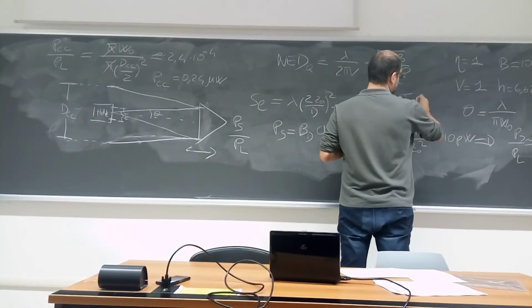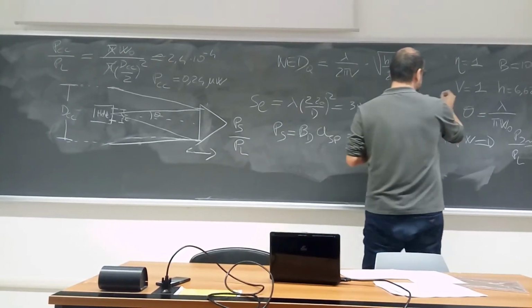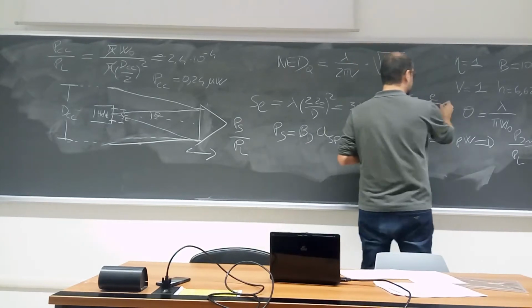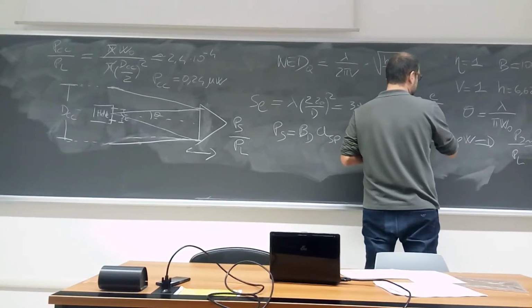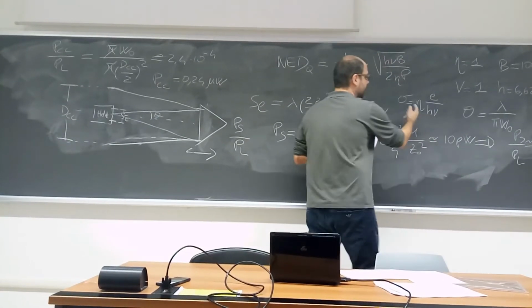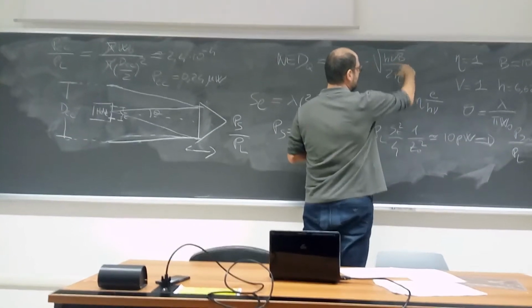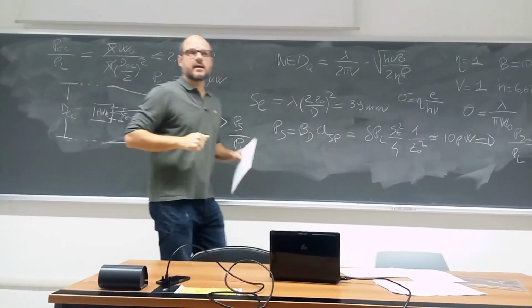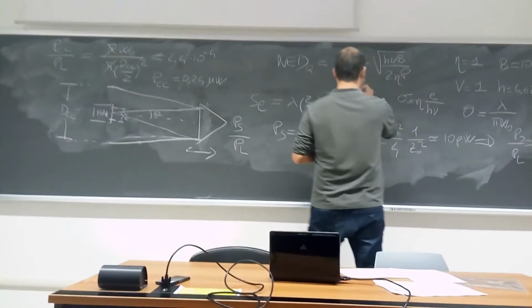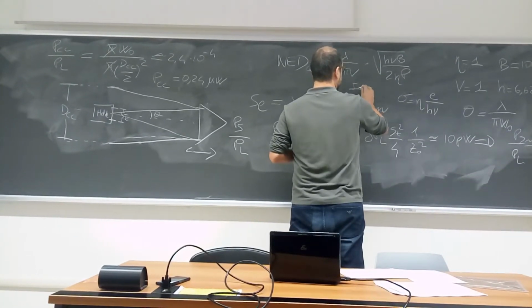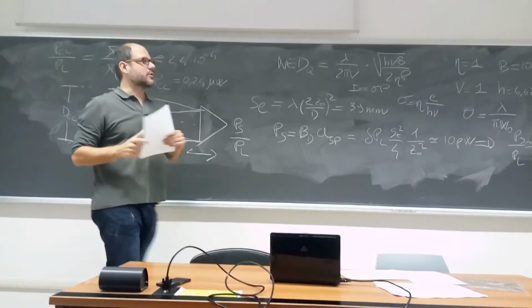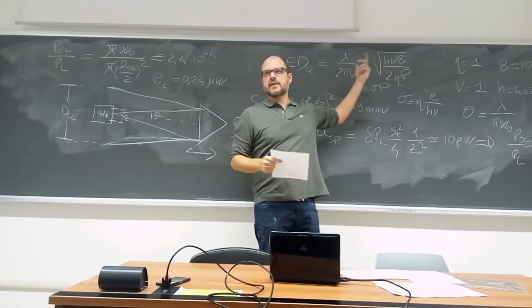So this is the quantum efficiency times e, where e is the electron charge, divided by the photon energy, so again the Planck constant and the frequency. If you insert this here, you find the other relation, because the current is always related to sigma multiplied by P. So you can go back to the other relation.